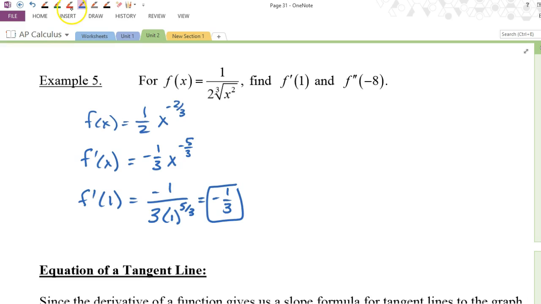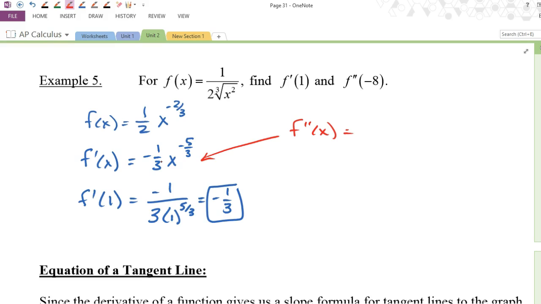Okay, so then it asked me to find the second derivative at -8. So I'm going to take this and derive that. See the one that I'm pointing at? Yep, the -1/3 x to the -5/3. Can you plug in -8 to the unsimplified version? Yep, if you prefer to work that way.